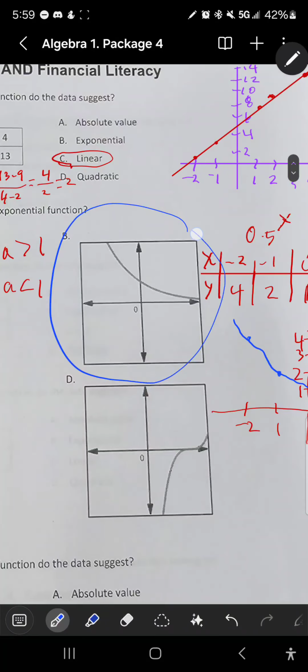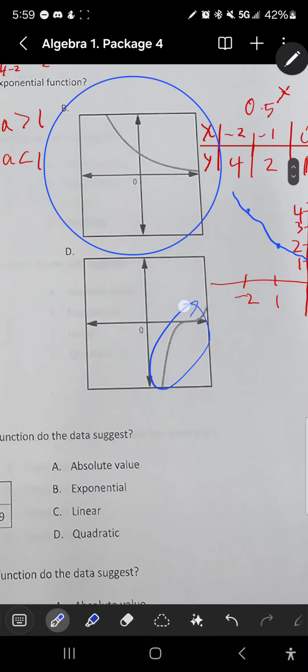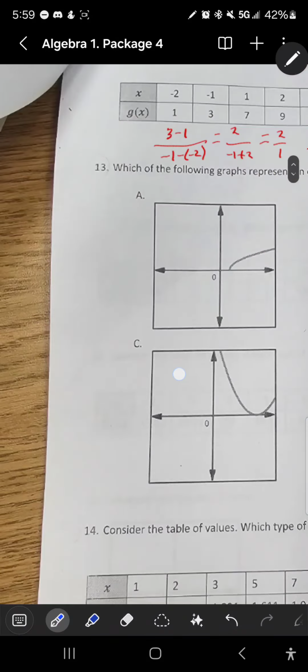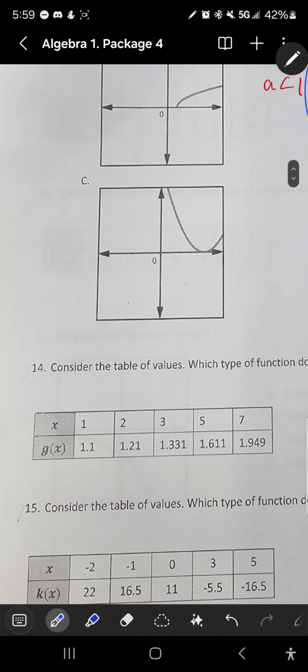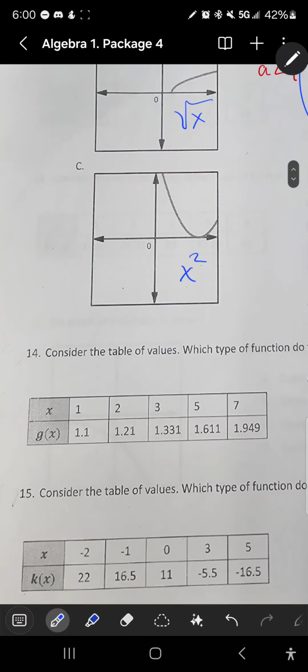This matches with B. This one is a cubic, like x to the 3, because that's the shape this function has. This one is a quadratic, x to the 2, and this one is the square root of x. You can prove that by graphing the equation.